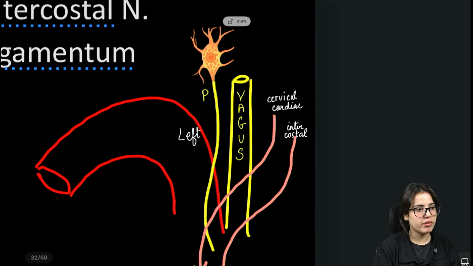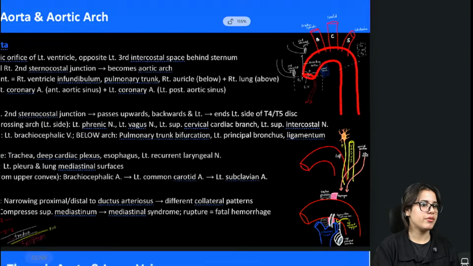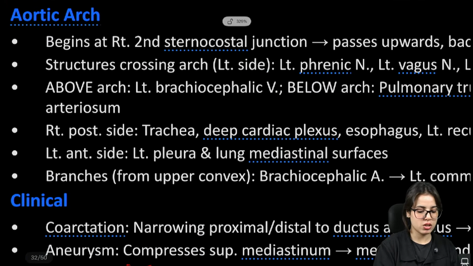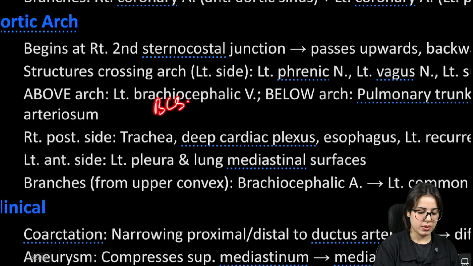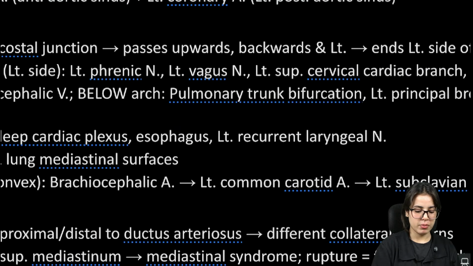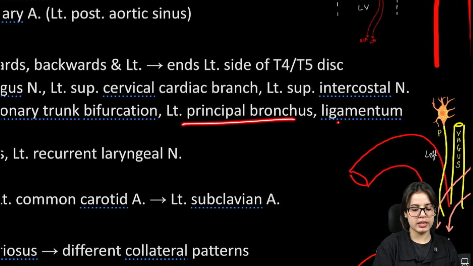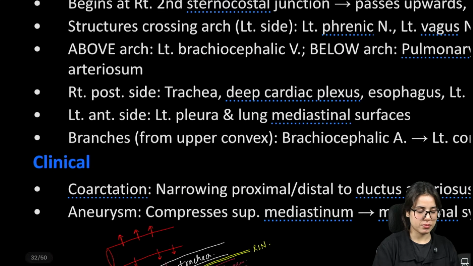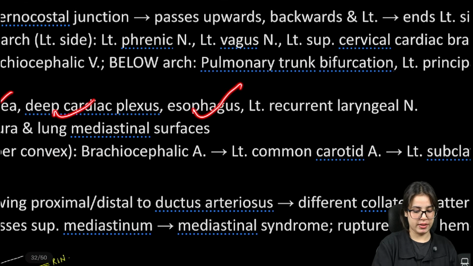Above the arch, we have three things: brachiocephalic, carotid, and subclavian, BCS. Below the arch are the pulmonary trunk bifurcation, left principal bronchus and ligamentum arteriosum. Right posterior, behind, is the trachea, deep cardiac plexus, esophagus, and RLN.